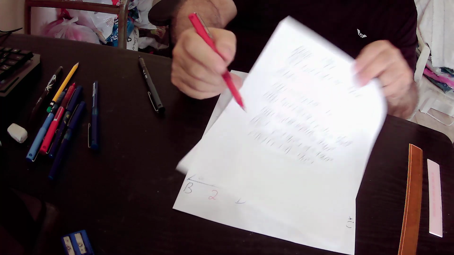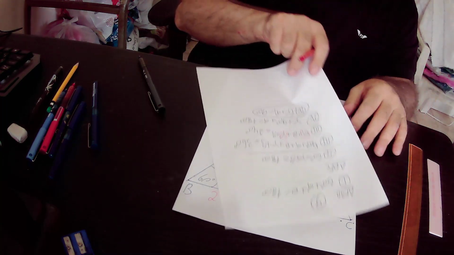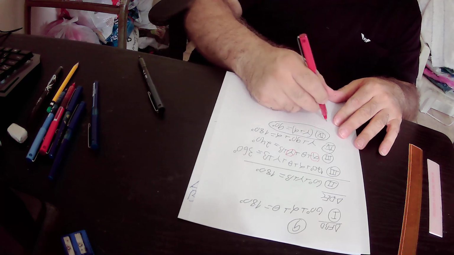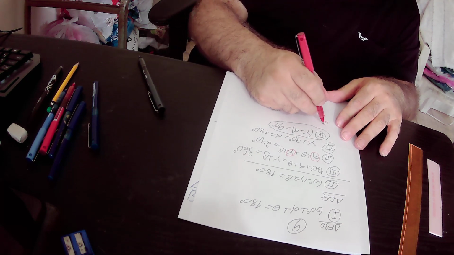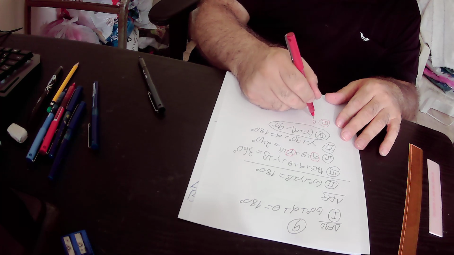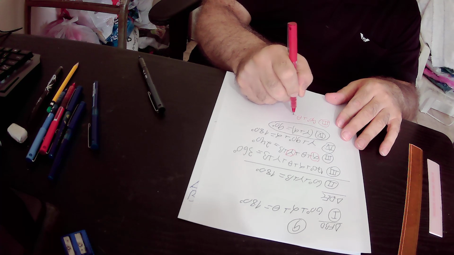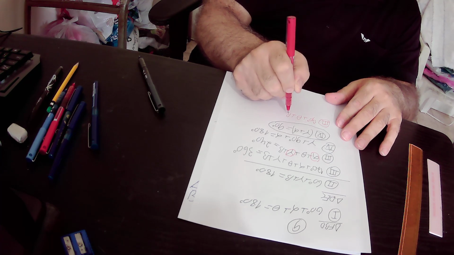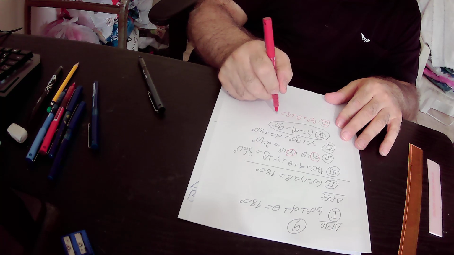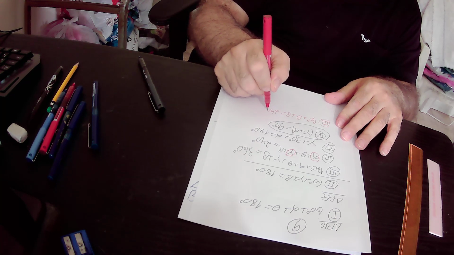Okay, so we'll do it now, and we will get that 90 degrees plus theta plus beta equals 240 degrees.